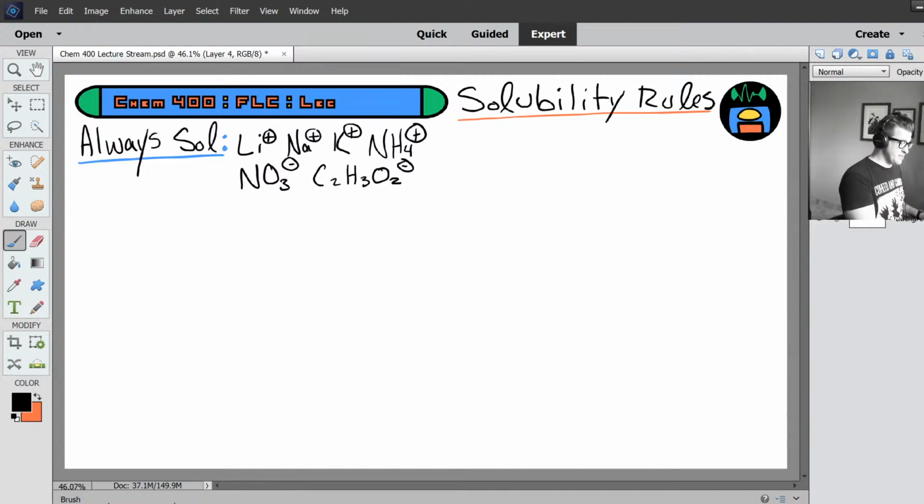It does not have to be the reactant. Sometimes it will be a reactant or a product, but it doesn't have to be. It just means that everything that's reacting is dissolved in water.